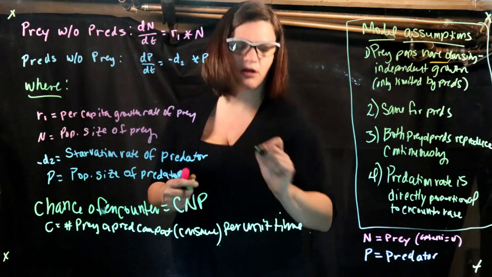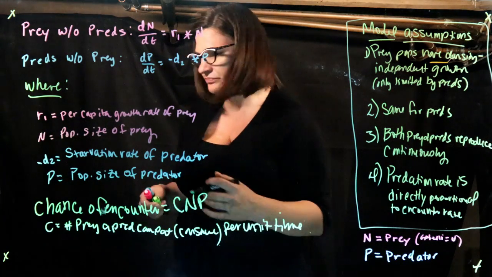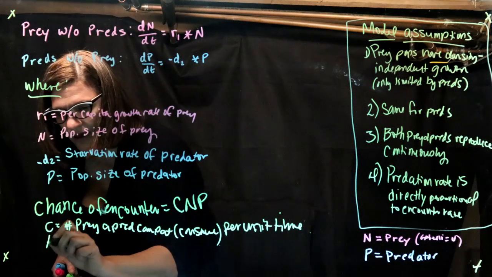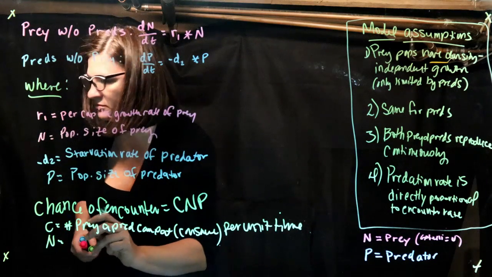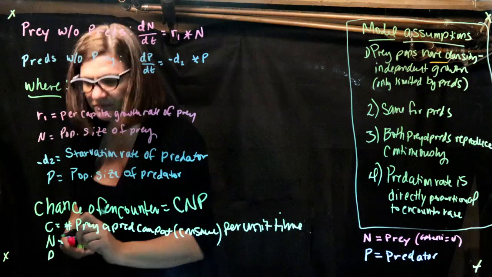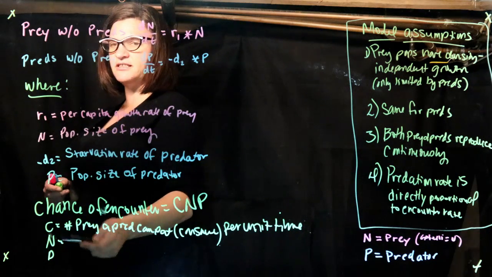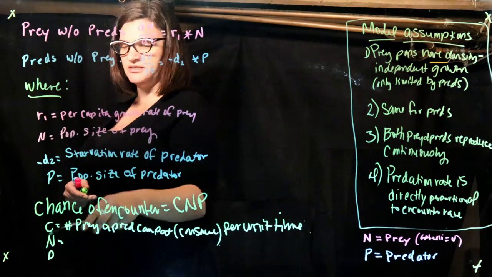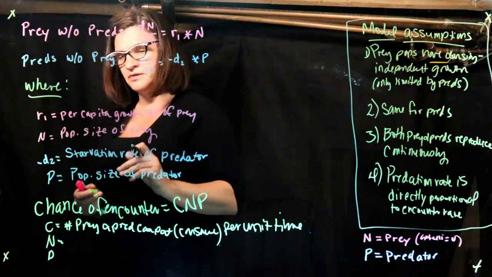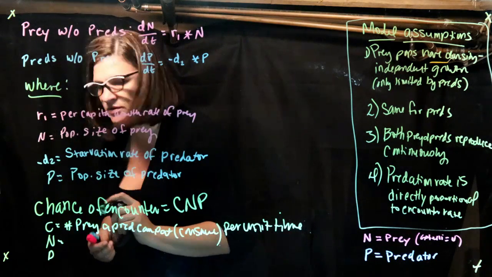If you're following along with Gotelli, they call that alpha. N we already know. P we already know, right? We've got the population size of the prey and the population size of the predator.